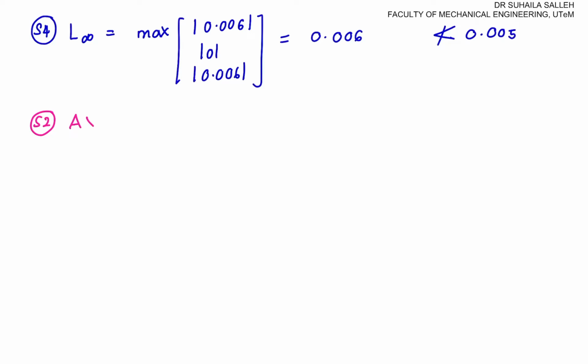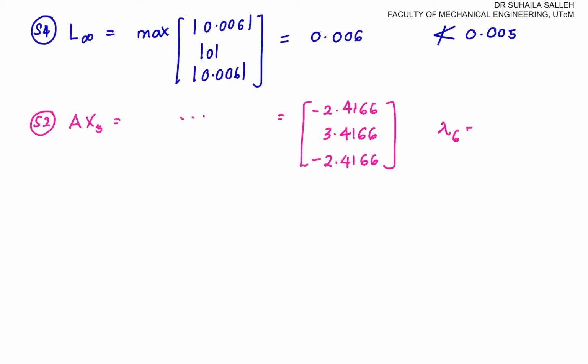So now we need to find x6, yeah? So A of x5, all right? So our value here, we calculate 4166, okay? Minus 2.4166. Right, so from here, our lambda 6 is going to be 3.4166.